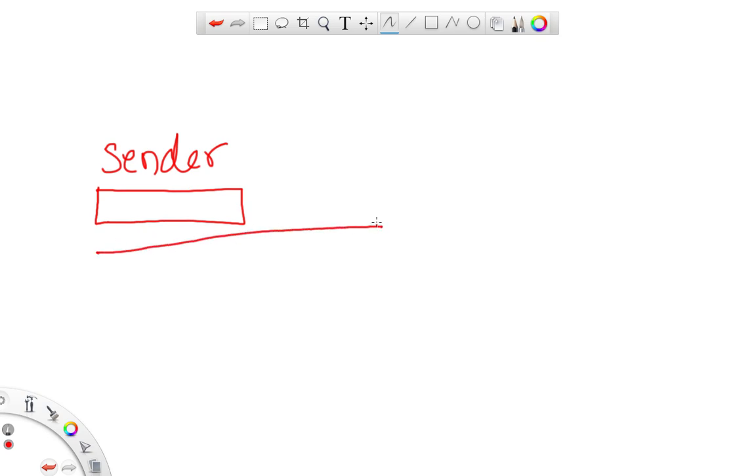And this is the link, right? So the sender is putting the bits on the line one by one, like this. It put the first bit on the line at time T1, and it may have put the last bit on the line at T2, okay?